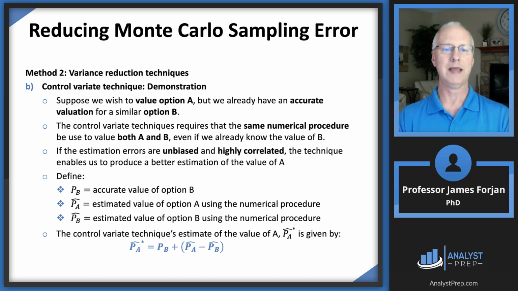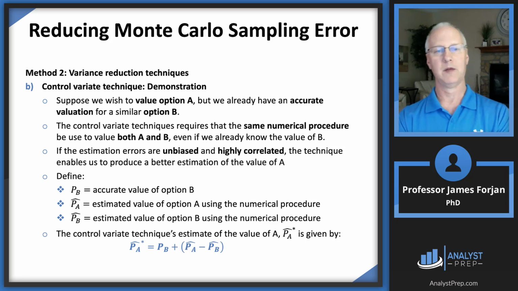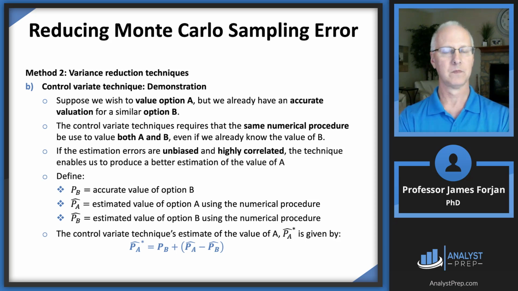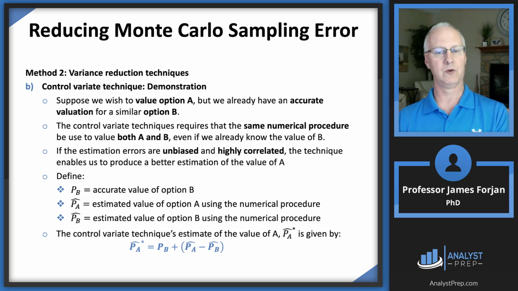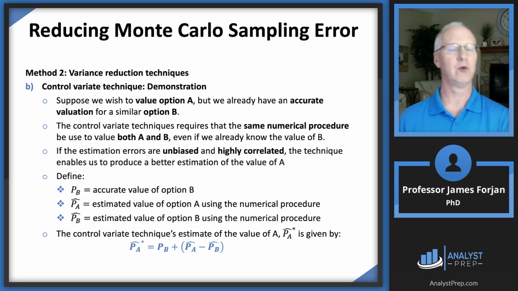The accurate value of option B is P sub capital B, and then we have our estimated values of option A and option B. With this control variate technique, we estimate the P hat star of A given by the difference between those two estimates added to the known value of B.